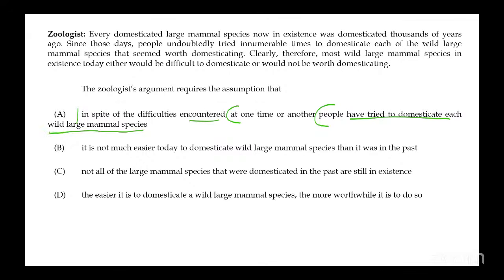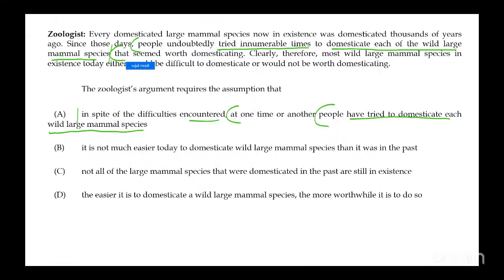And it looks, as I said, very similar to what the author is saying, but it is not. So look, the author is saying people tried innumerable times to domesticate each of the wild large mammal species up to this point. They're the same. Now just look at this part.